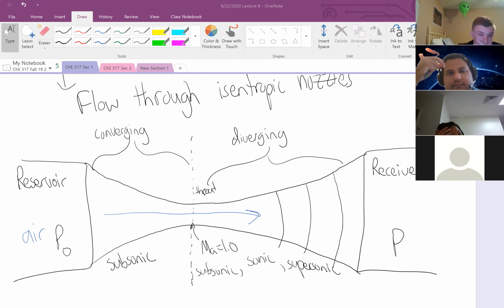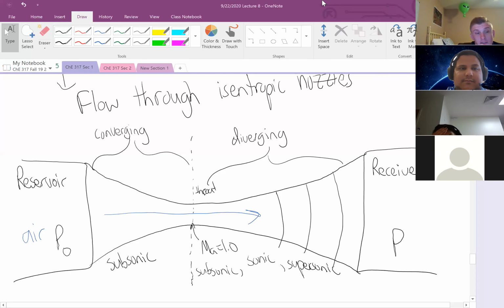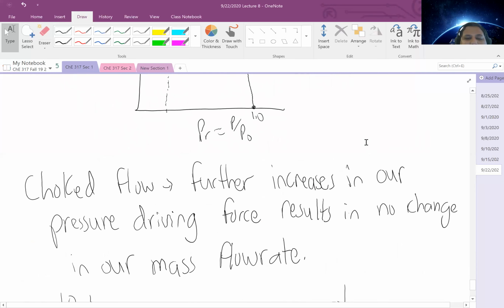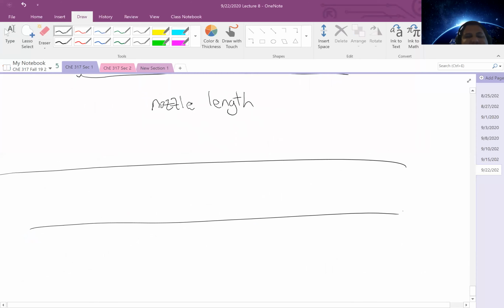Okay. Any other questions? All right, well then I have a question for you all to consider. I'm stating that for these flow systems of compressible flow, as we approach the Mach number of 1, we have our choked flow systems, which represents a maximum in our flow rate.